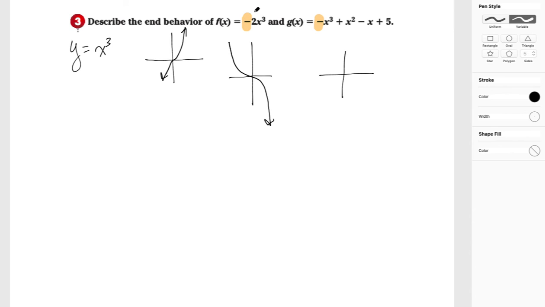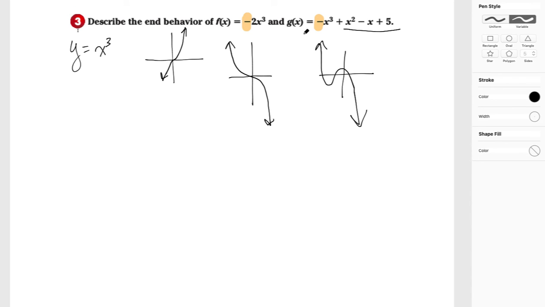That's what's going to happen in this case. Notice the 2 is going to stretch it some, but it's still going to flip over the x-axis. And so this is what we have. And over here, this will have a very similar end shape, but inside the x squared minus x plus 5 is going to make it do a little dancing. So we might get something kind of like this.